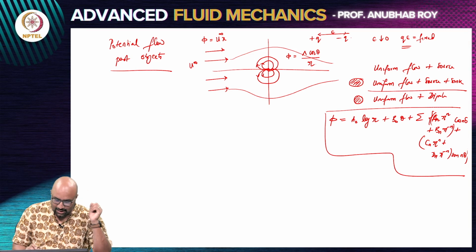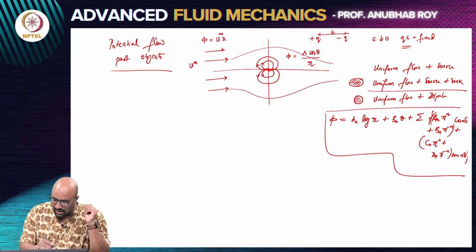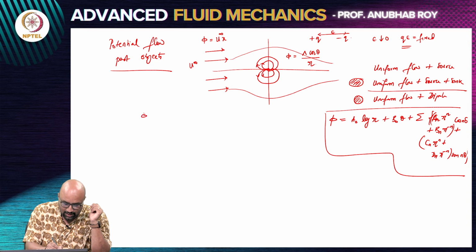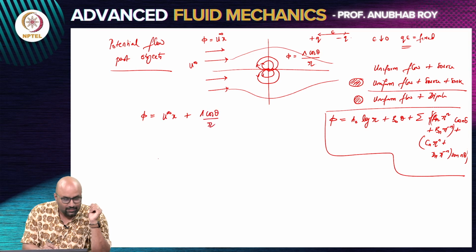So, with that clarification done, now let us go back to doing the calculation. We will have u infinity x plus lambda cosine theta by r as my velocity potential. Now, I would work in the cylindrical coordinate system.